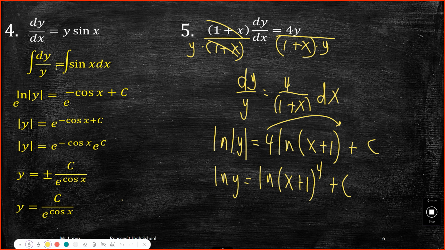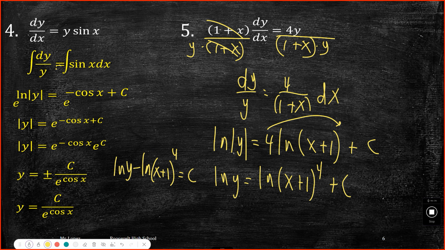All right, what we're going to do is bring these ln's next to each other on the same side. So I'm going to bring this over this way. So this is ln y minus ln of x plus 1 to the 4th is equal to c.